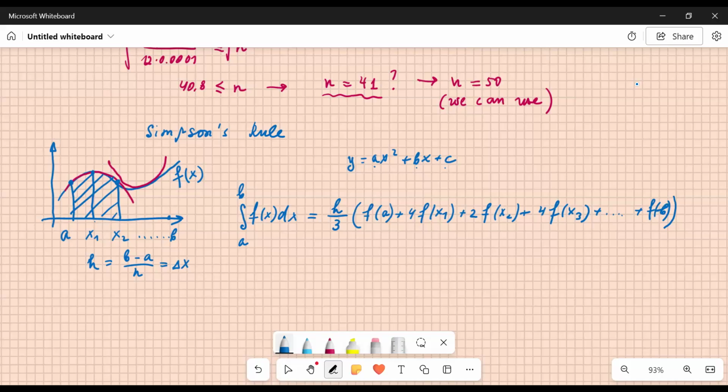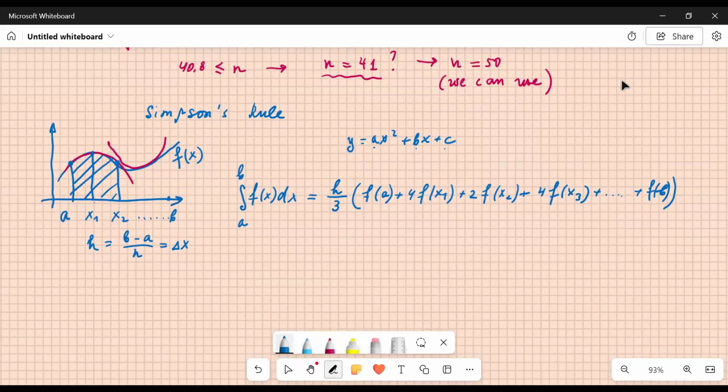Well, let me write down the error bound for Simpson's rule. Okay, so you can compare maybe the accuracy. So error bound for Simpson's rule. You don't need to memorize this formula. The only formula I want you to memorize is error bound for midpoint rule.